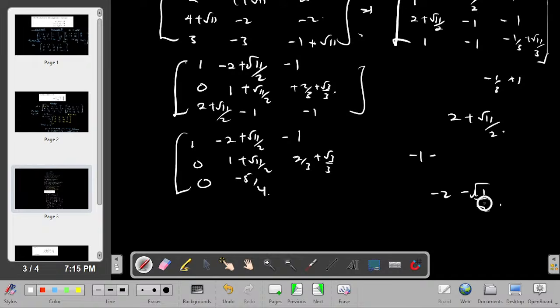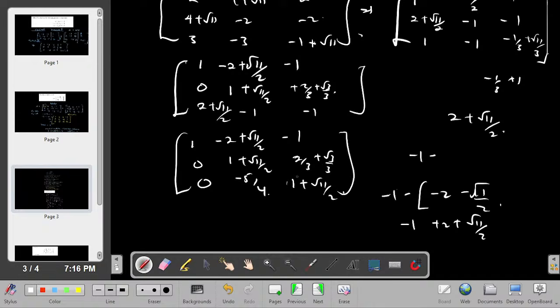Minus 2 over root 11 over 2. When I get that, I'll come and subtract from this as well, right? You multiply this and subtract from this, as you have been doing. So I'll come and subtract this. I've got negative 1 minus, it's going to be negative 1 plus 2 plus root 1 plus 7. We are still not done.